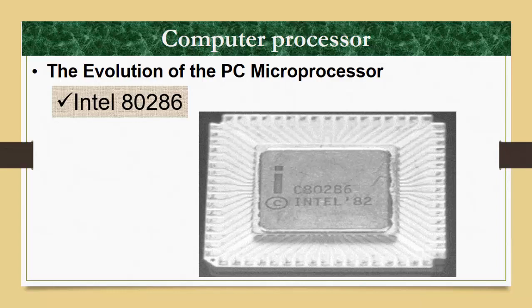IBM chose the 80286 for its next PC release. The PC-AT, with the 286 processor as it was commonly known, was released in nearly 1982 with a 6 megahertz clock speed.